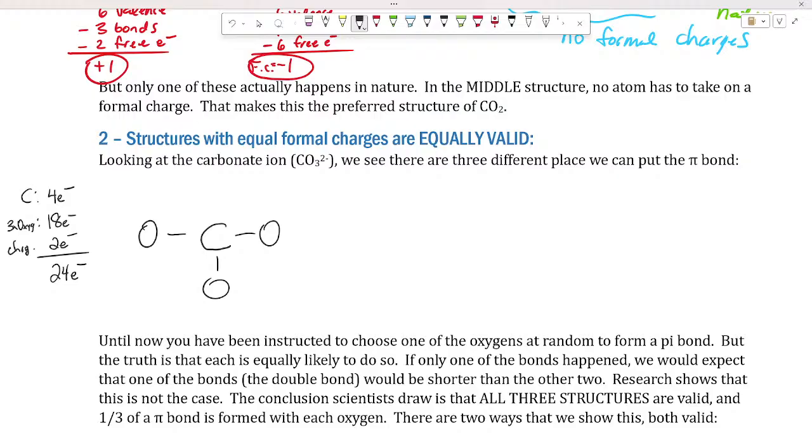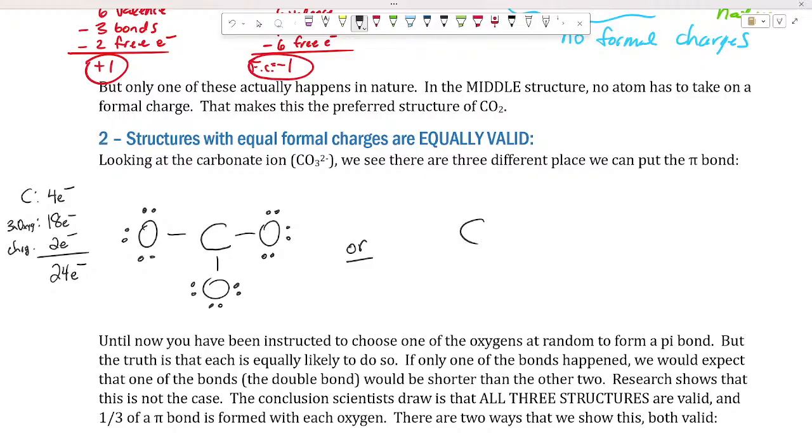So now let's count. 1, 2, 3, 4, 5, 6. Count electrons. How many do we have? 24. So that's all we get, right? So now, up till now, we've just said pick an oxygen, make the double bond there, right? But the truth is, there's 3 different things that can happen here, right?